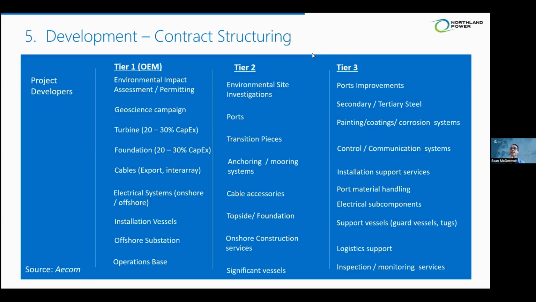In some instances, the owner operator will enter into and manage that contract themselves. In other instances, it will be as a sub-supplier, subcontractor to one of the larger OEMs, or original equipment manufacturers, who are sitting on top of the contract pyramid.